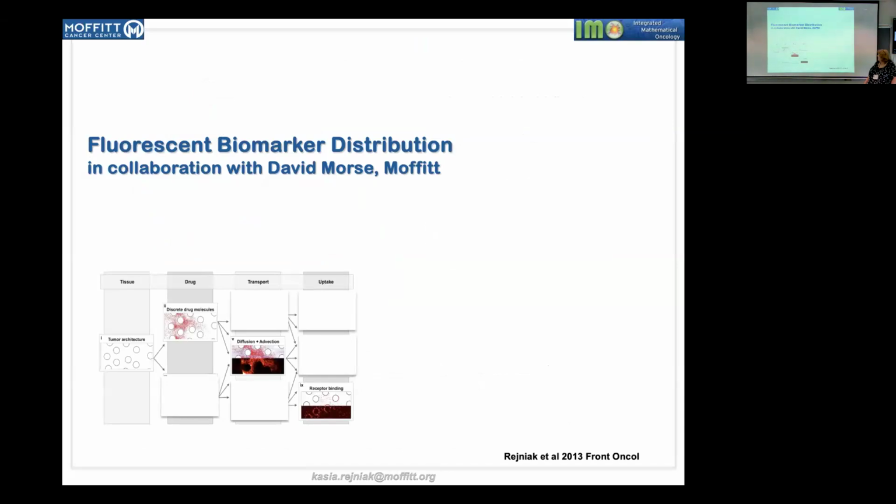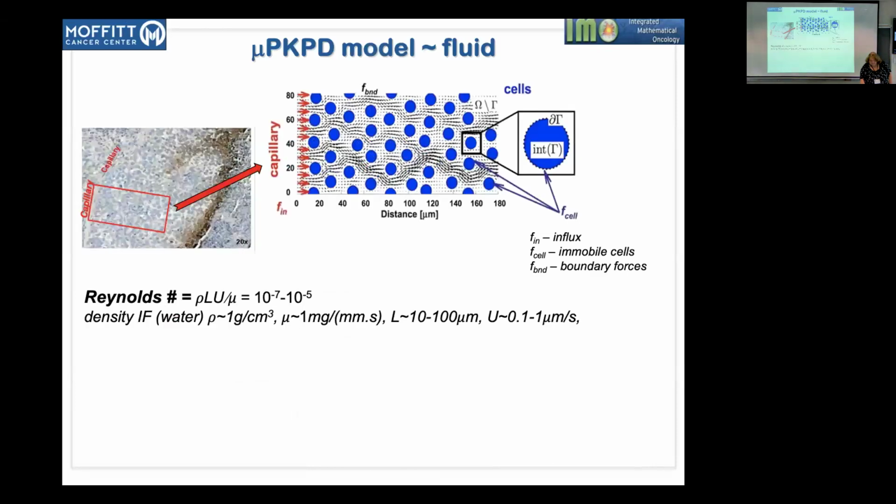The motivation for this project was our collaboration with David Morse from Moffitt, when they developed the fluorescent biomarkers. For this project, we will look at the tumor structure. We will have discrete molecules as our biomarkers. We will have diffusion and advection, and there will be receptor binding. So that is part of this whole framework.